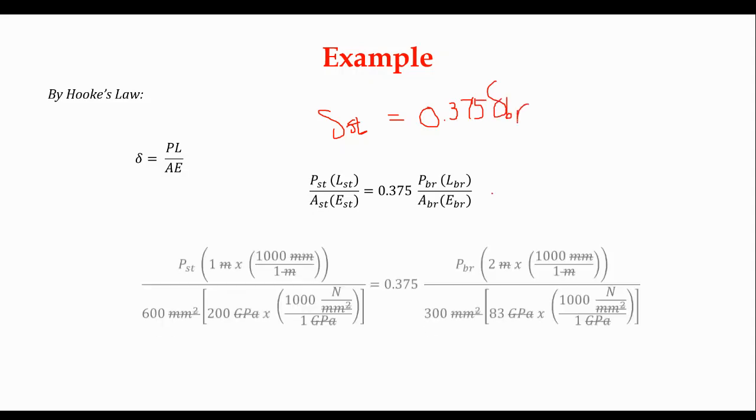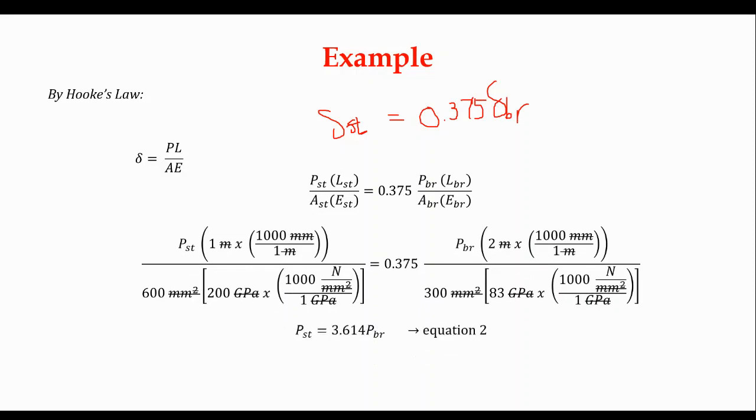Substitute. And then, we can have this relationship. The force in steel is equal to 3.614 sa bronze. Okay? So, asa man ni gikan? Gikan na pud ni sa pag-substitute nato sa mga quantities. Okay? So, mao ni ang was.